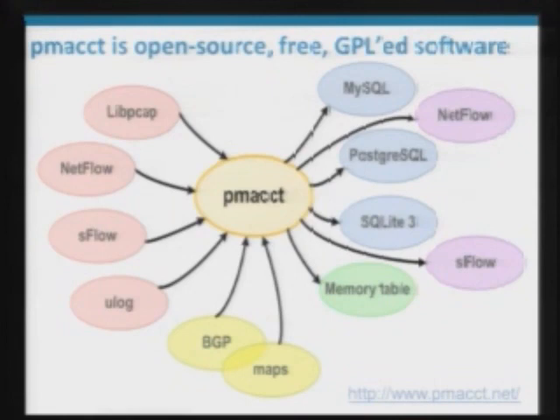PMSCT can act as a NetFlow or sFlow collector. But the fact that you also see NetFlow and sFlow on the right-hand side of the slide means that it can act also as a probe. But that's really out of discussion today. Now, PMSCT doesn't just stay in the middle and write to a database what is read from the network, so it doesn't want to be just another copy of flow-tools or things like that.